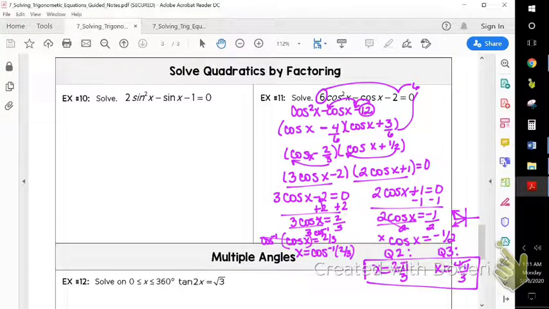But before you put that in your calculator, hold on. Because remember, cosine is a positive 2/3, and that's going to happen in quadrants 1 and 4. So when you put this in your calculator, it's going to give you that quadrant 1 angle. You're going to have to find that quadrant 4 angle using reference angles.